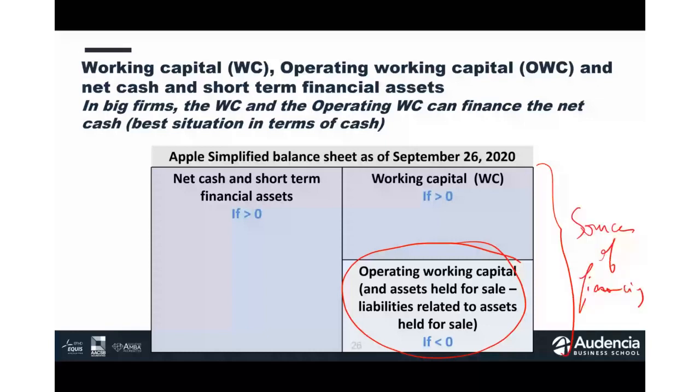On the left side, I have what I finance, what the company finances. Because the operating working capital is negative, it's a source of financing. In reality, we have more financing from the stakeholders than what we need because of the operating activity.